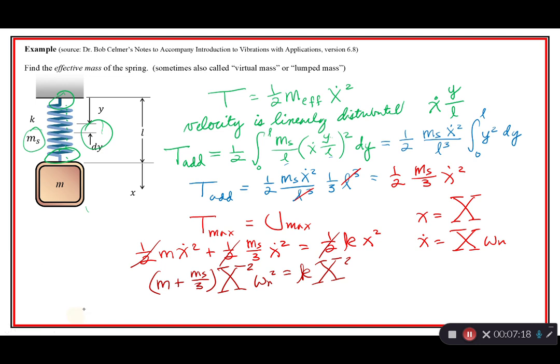Boom, boom. Solve for it. Get omega n equal to the square root of k over m plus ms over 3.